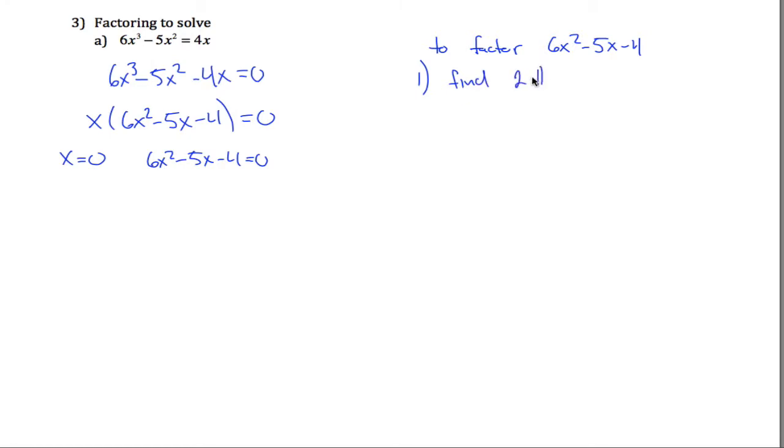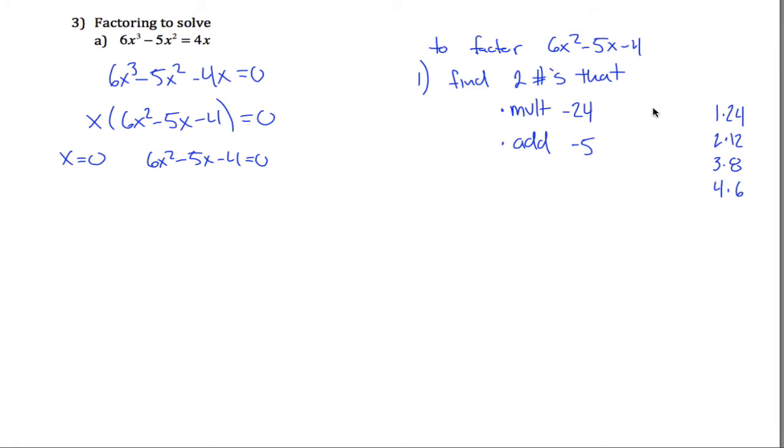First, find two numbers that are going to multiply to the product of a and c, the coefficient on x squared and your constant term. 6 times negative 4 is negative 24. I need to find two numbers that multiply to negative 24 and add to negative 5, negative 5 being the coefficient on the x term. So let's see, what multiplies to positive 24? 1 times 24, 2 times 12, 3 times 8, and 4 times 6, if I'm dealing with integers.